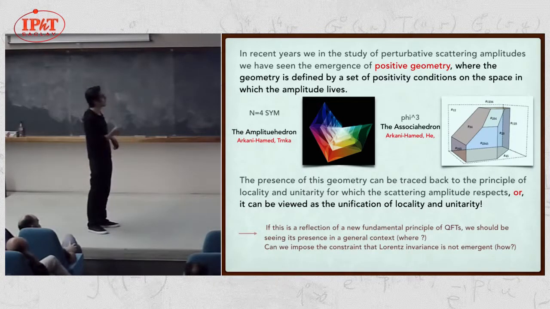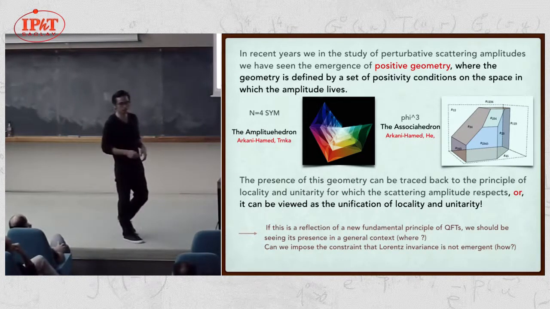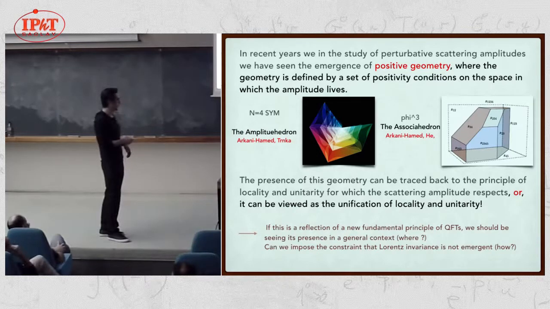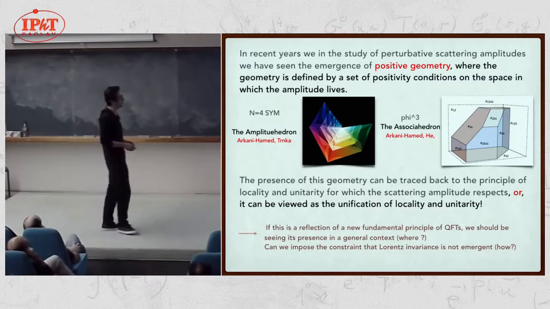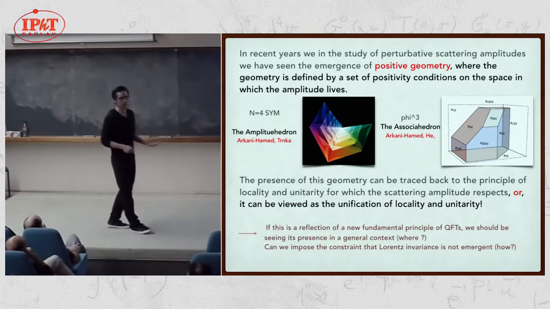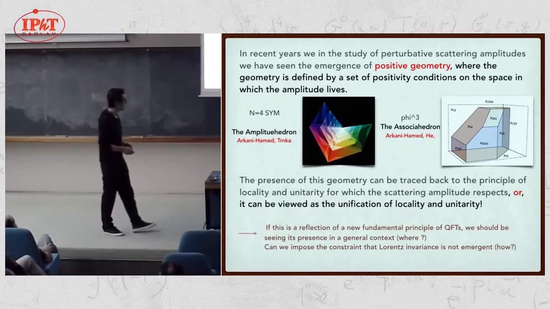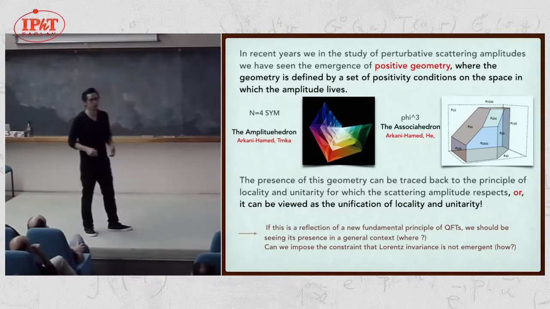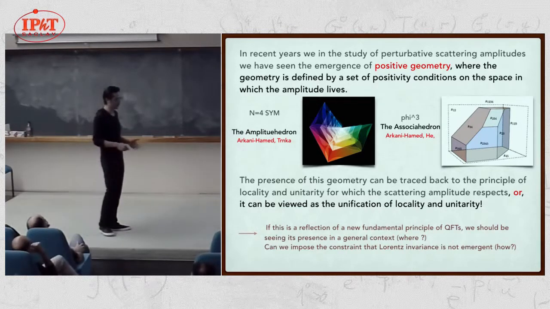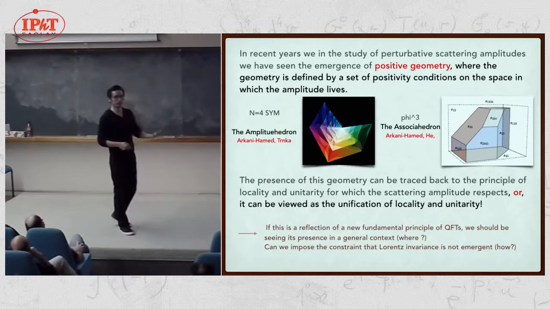Of course, you can say that there's only a handful of examples that are known so far. So you can ask that if this is really a reflection of some new fundamental principle of general QFTs, we should be seeing more of this. And if we're supposed to see more of this, where would we want to see it? Another thing is that in these constructions, Lorentz invariance is just given, in the sense that the space in which your scattering amplitudes are defined already has Lorentz invariance embedded.